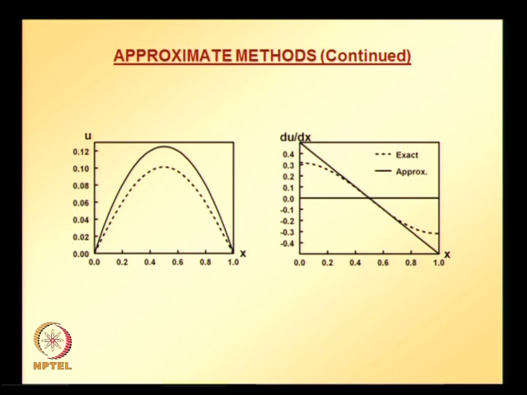So the solution u and the derivative of u, compared with the exact, are shown here. And please note that this is the solution we obtained using the collocation method by starting with a quadratic trial solution and choosing the collocation point as 0.5.